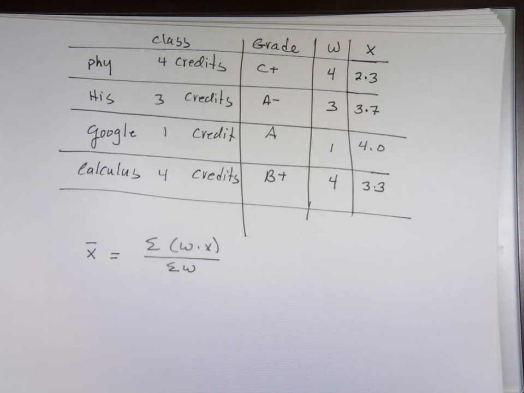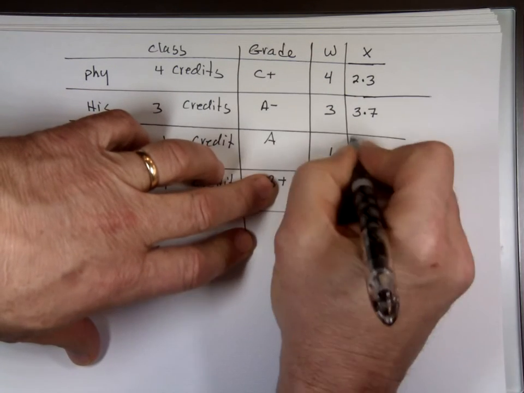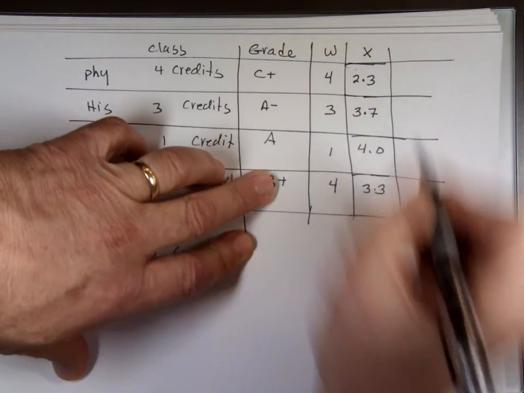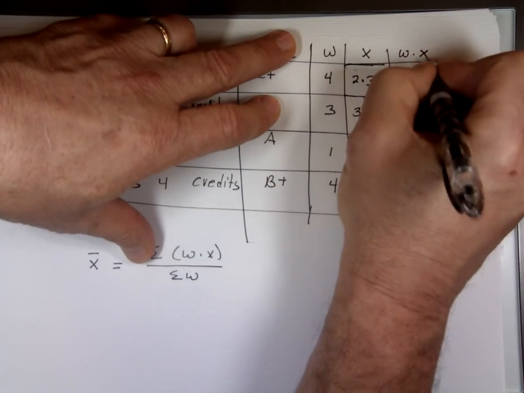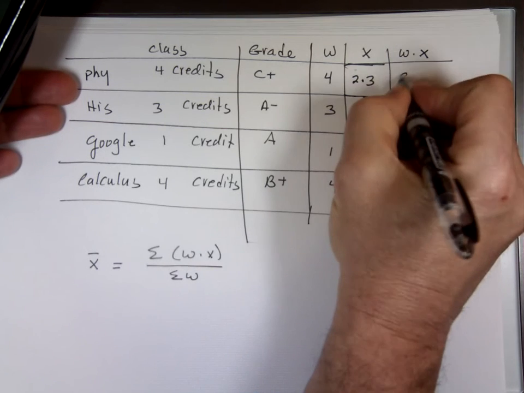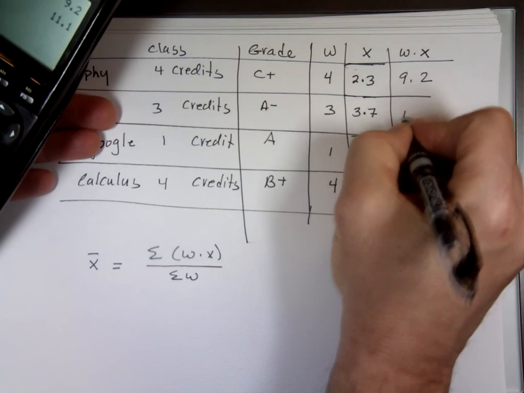So to find your GPA, grade point average for this semester, because these are weighted, the weight is different for them. I need another column here that has W times X. 4 times 2.3, 9.2. 3.7 times 3, 11.1. 4.0.